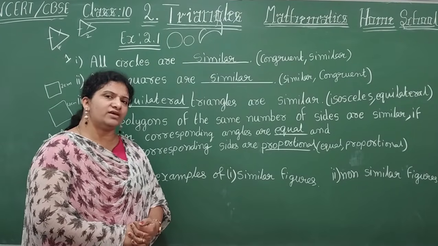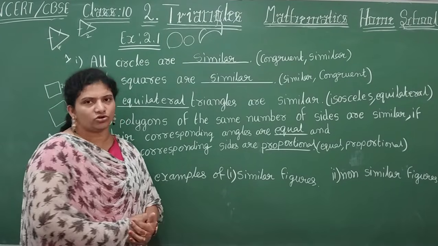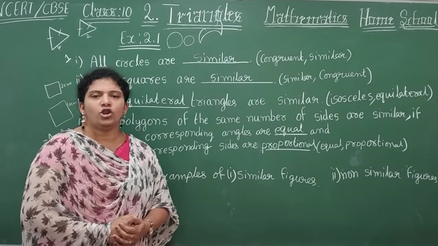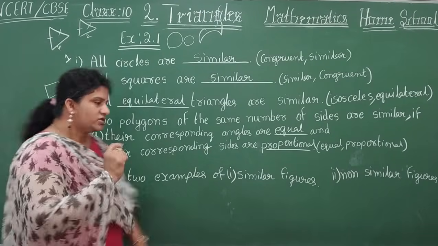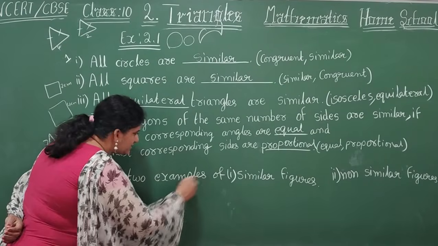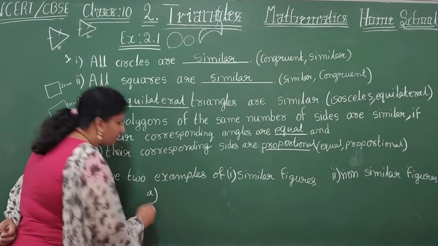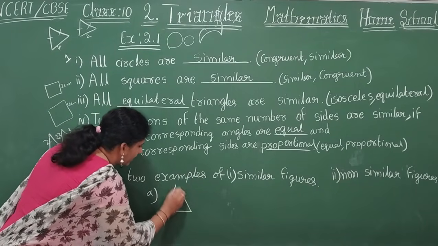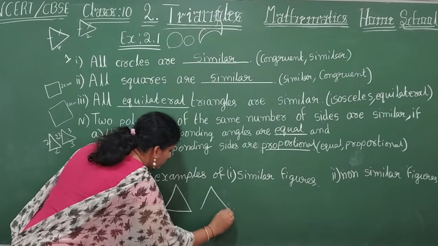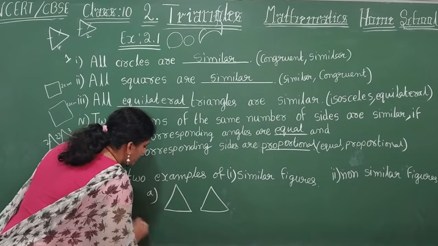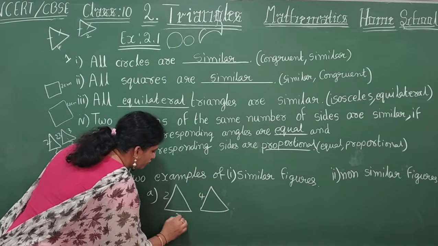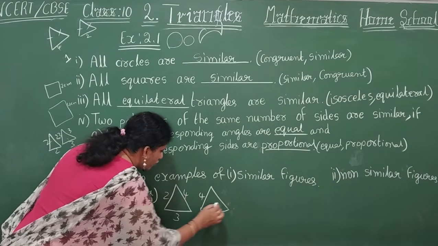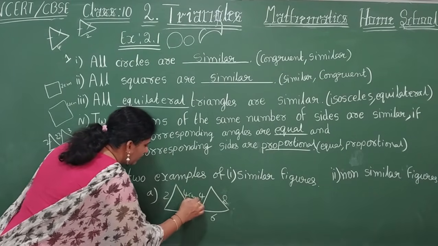So for similar figures, any two examples you need to draw here, children. And one more, non-similar figures. So let me draw here. First example, example A. Two similar figures are asked. So let us take a triangle and one more triangle. Let me mark 2, 4, 3, 6, 4, 8 centimeters.